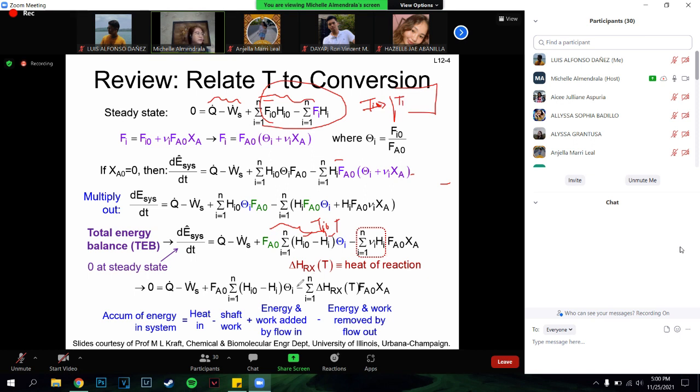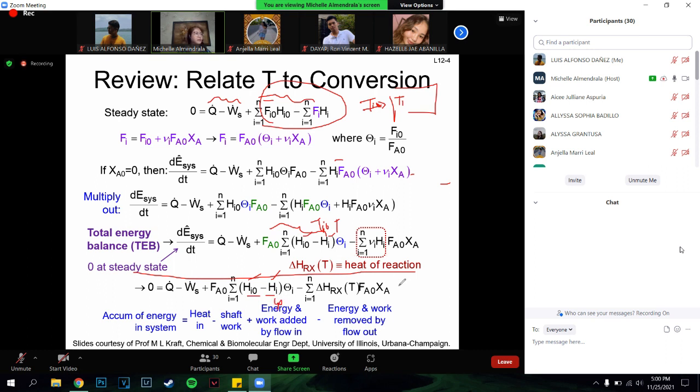Now, if there is phase change, of course, the final equation for the energy balance will be this. If there is no phase change, this enthalpy can be expressed in terms of Cp.